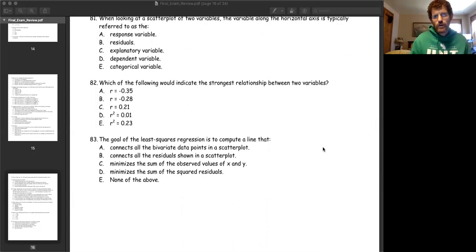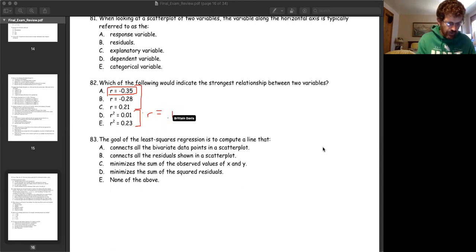82, which indicates the strongest relationship, which has the highest correlation? For 3 of these, they just straight up give us a correlation. And between those 3, we'd go with this one. It's the furthest from 0. But we have a couple of coefficients of determination, R squared. So we want to figure out what these R values are. If we do the square root of 0.01, we get 0.1. If we do the square root of 0.23, we get 0.48.